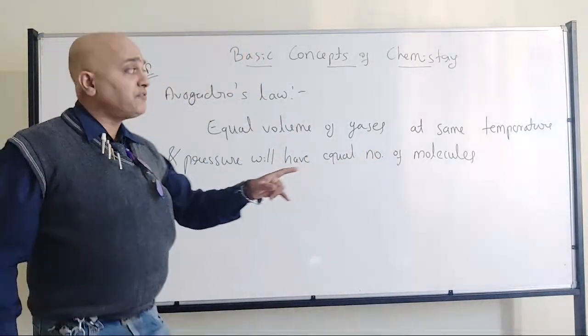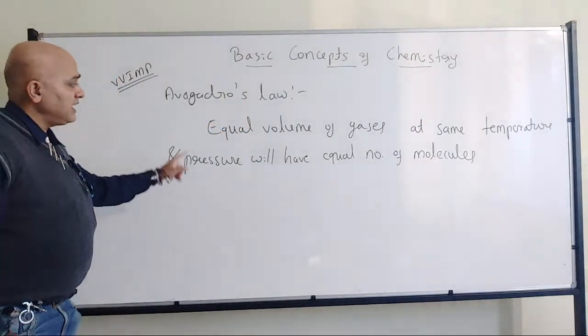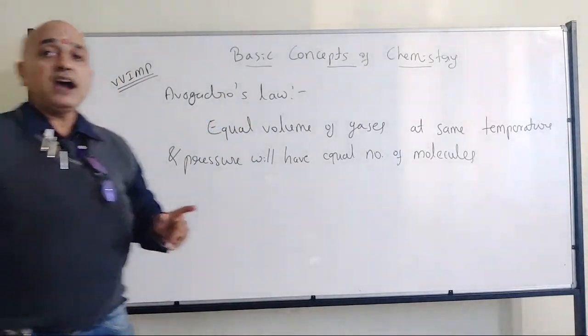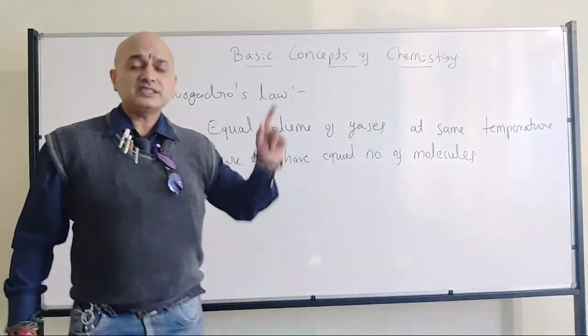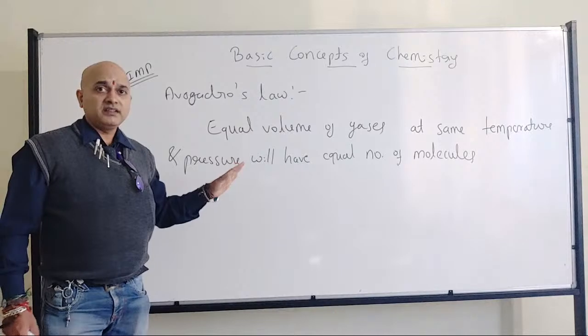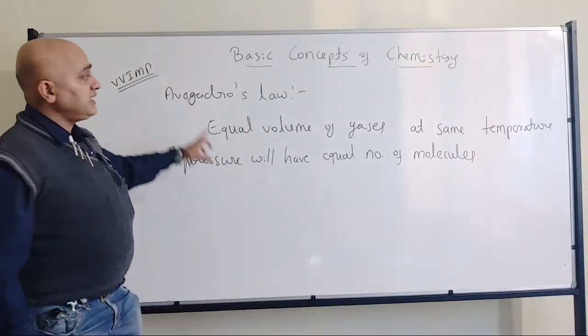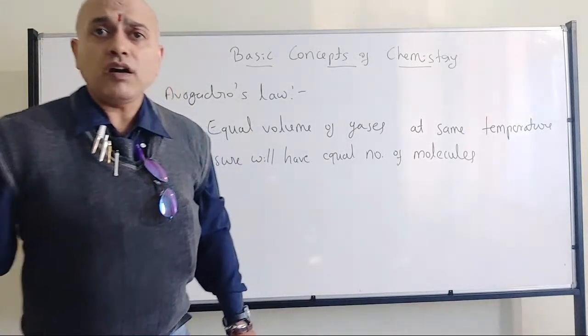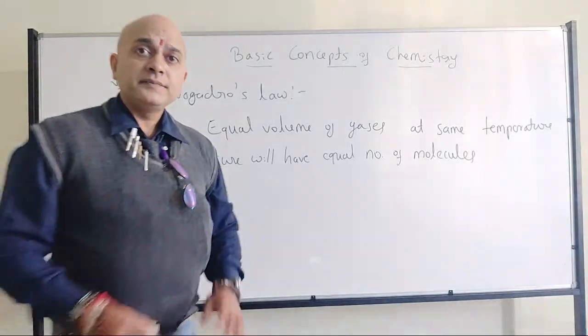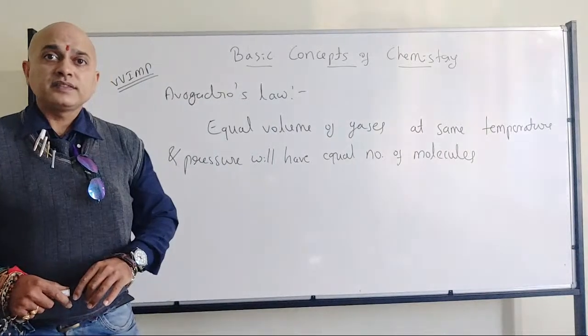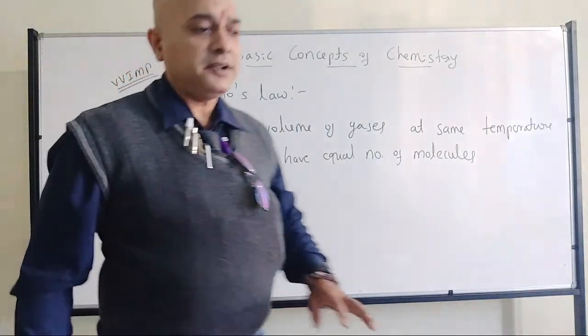You have to specify they should be at same temperature and pressure. Same thing we have done for Gay-Lussac's law. So if you go back to the last class, same thing we have done. Right? So that's where we have Avogadro's law. All of you have understood? Any doubt? All of you have understood, right?